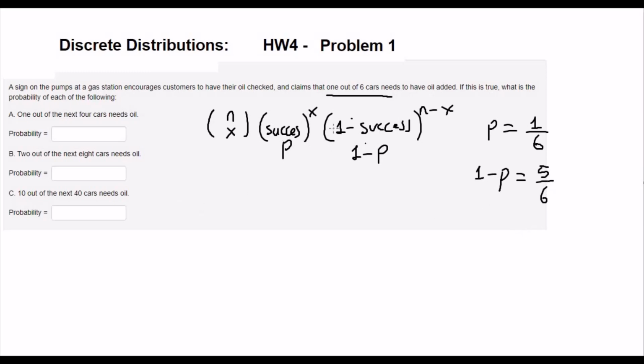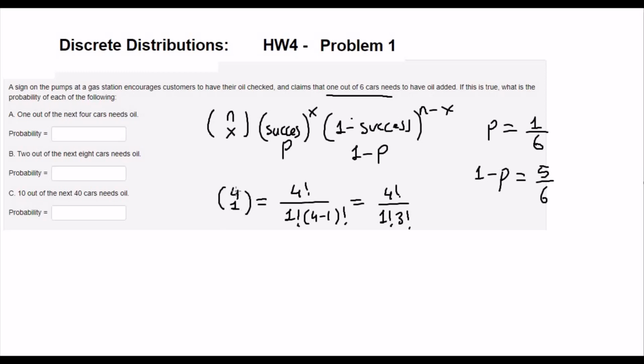So if we apply the binomial formula, part A: 1 out of the next 4 cars has its oil checked. So 4 choose 1. 4 choose 1 by definition is 4 factorial over 1 factorial times 4 minus 1 factorial, which is 4 factorial over 1 factorial times 3 factorial.